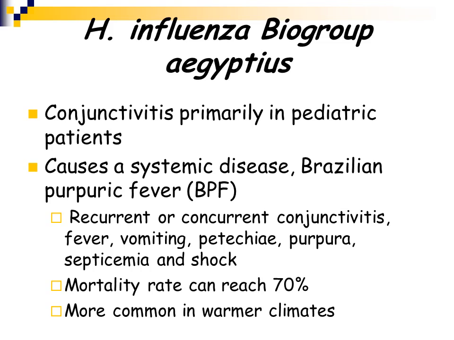And the mortality rate can be as high as 70%. And systemic disease due to the Haemophilus influenza biogroup egyptius is much more common in warmer climates.